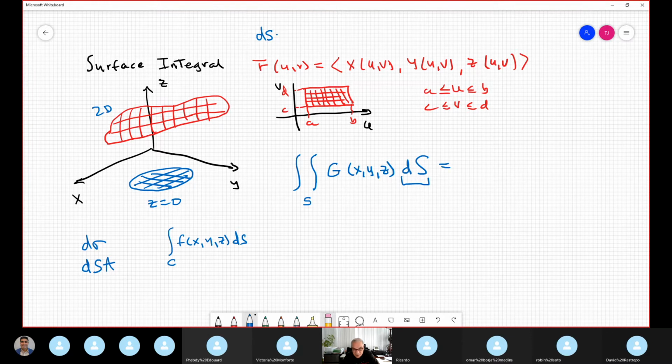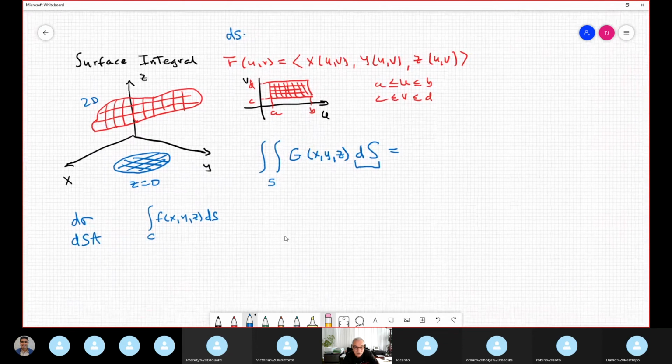So what is the representation? What does that mean? Well, it's a Riemann sum. Any integral is a Riemann sum, the limit as delta S approaches 0. So who is delta S? Delta S is an arbitrary element.